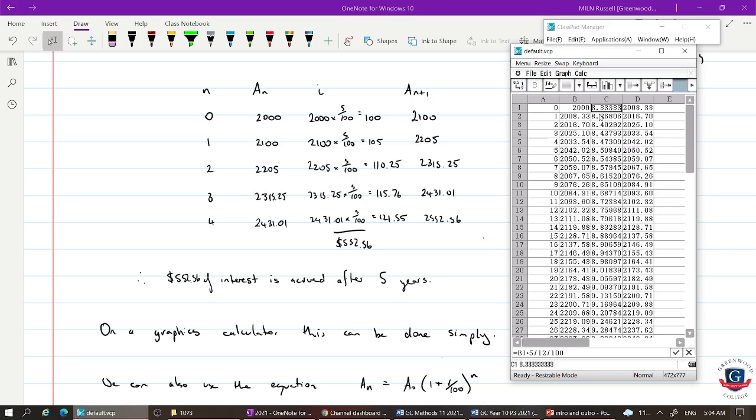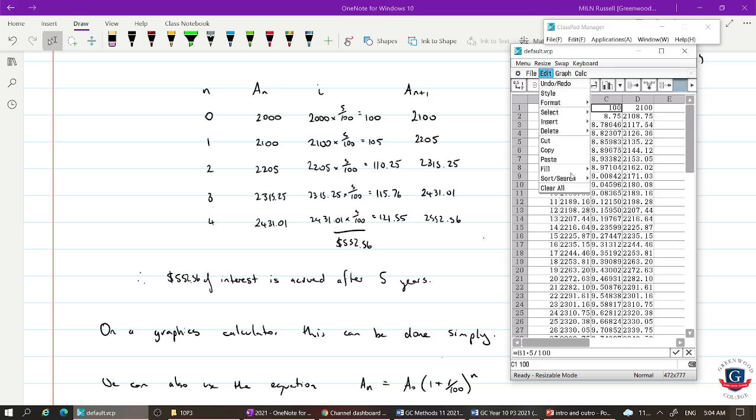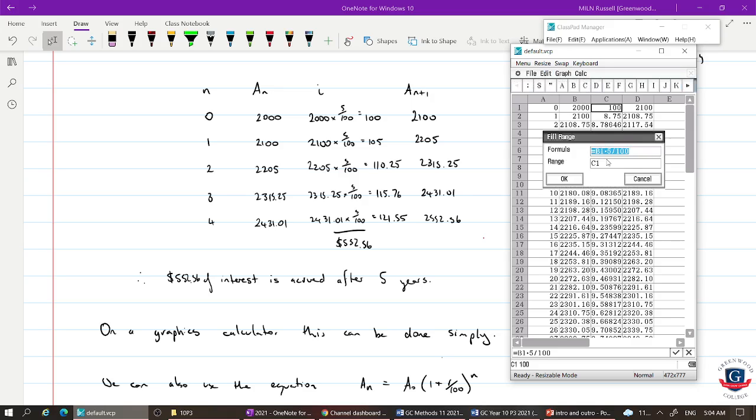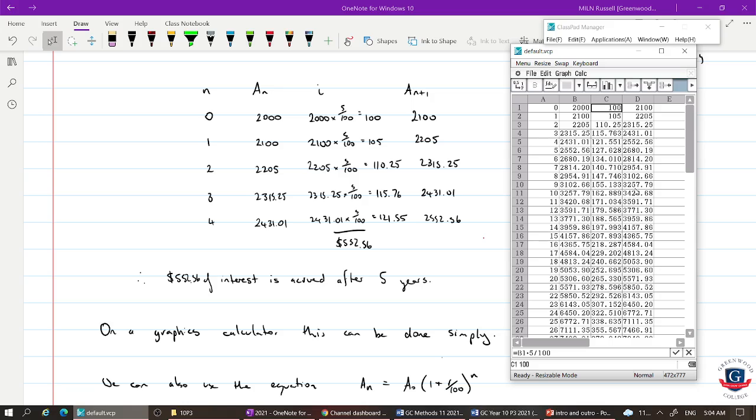Oops, what I should have done first was taken out the monthly component because we're still doing it yearly. And I will fill range that instead. And there we go. We get the same values in our table here. We end up with 2552.56 after the first 5 compounds.